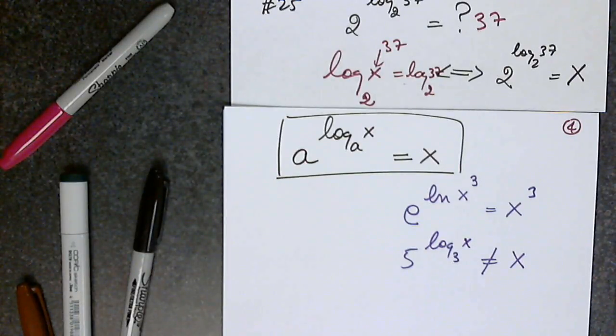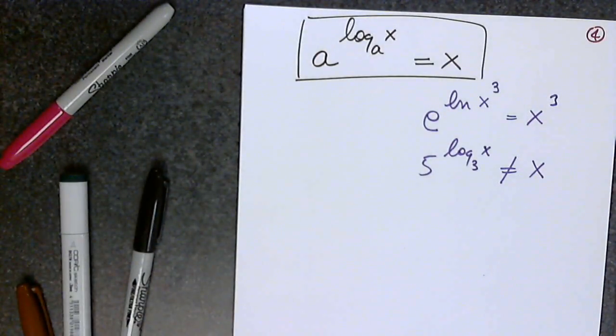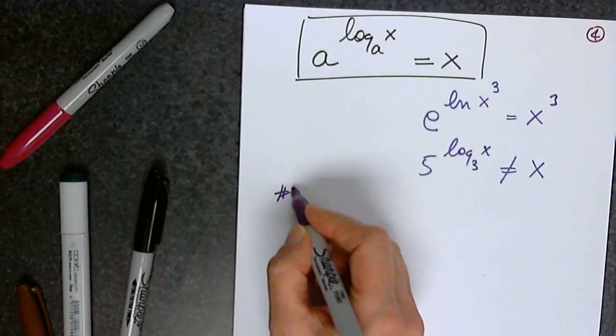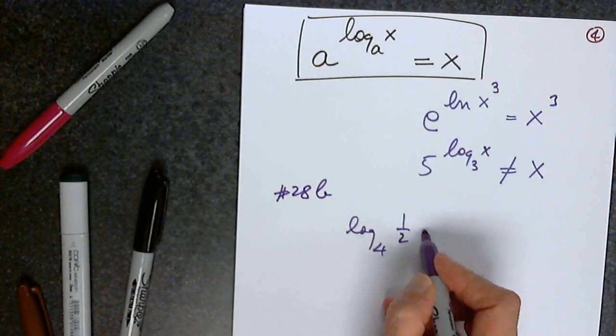Good. So let's simplify another. Please choose another between 19 to 28 so we can move on. Okay, 28b. Log base 4 of 1/2.